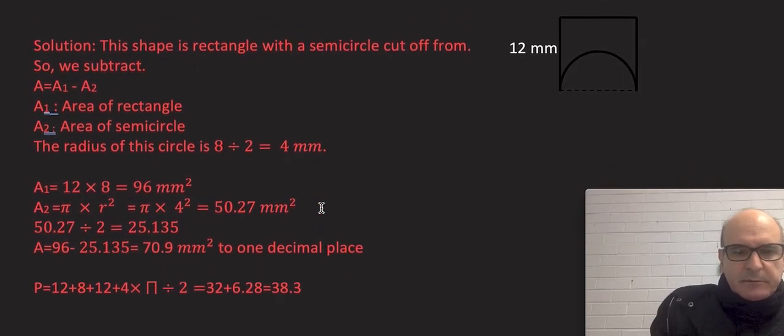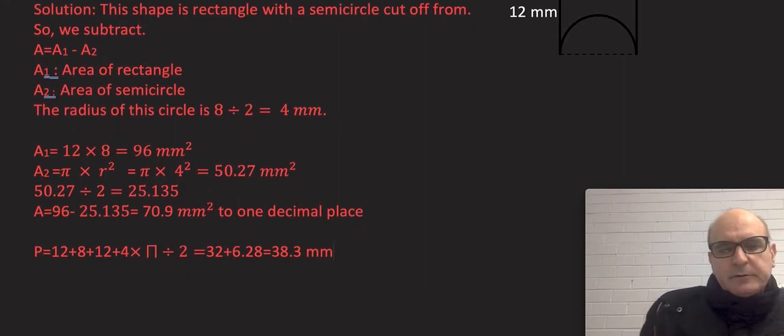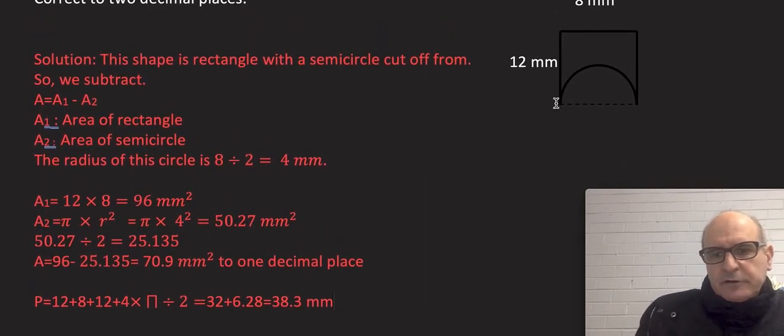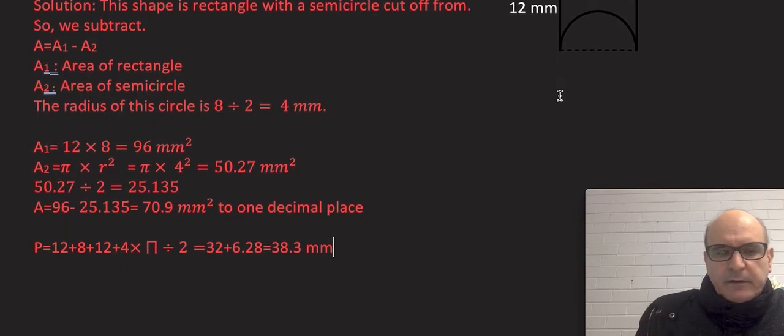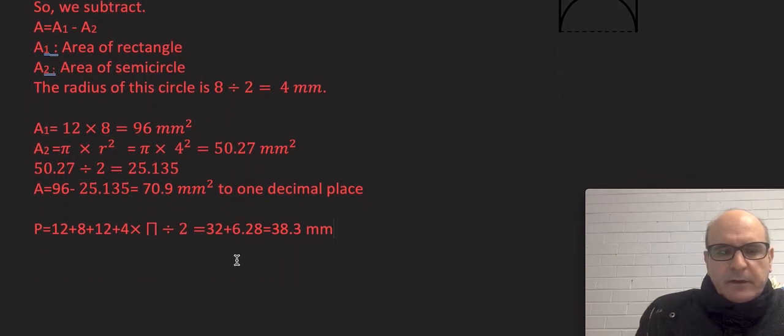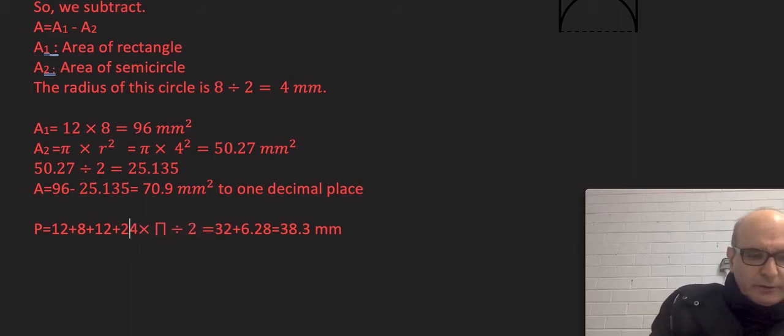That many millimeters is our perimeter. So what we did, we just added these straight sides and found half of the circumference of a circle. That should have been 2 pi r, isn't it?